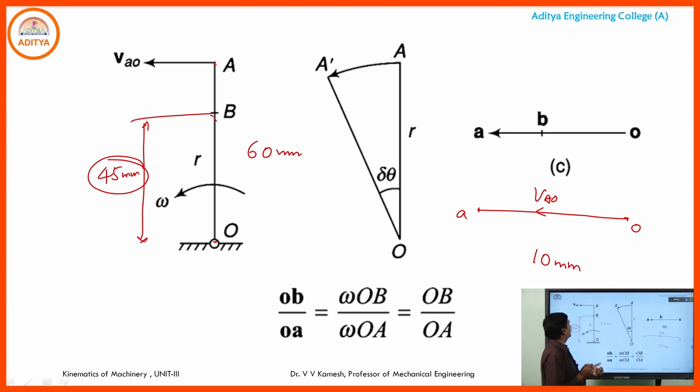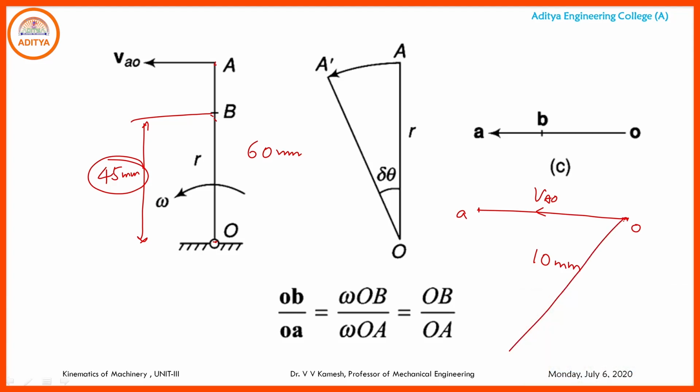What technique do we need to use? This AO we will initially draw here, take this as O, this is capital A, and this is capital B. Whatever the length we have in the original case, we will draw in a separate diagram or on the same diagram.